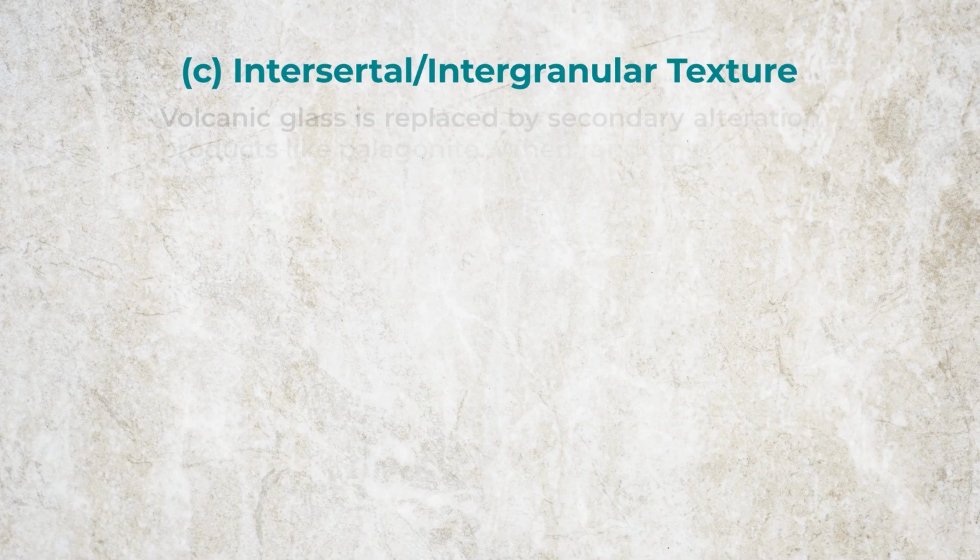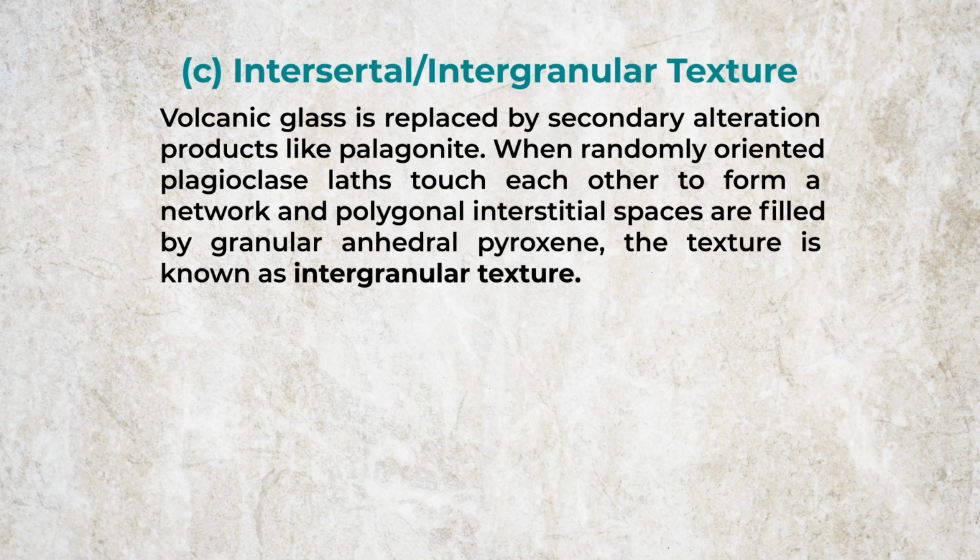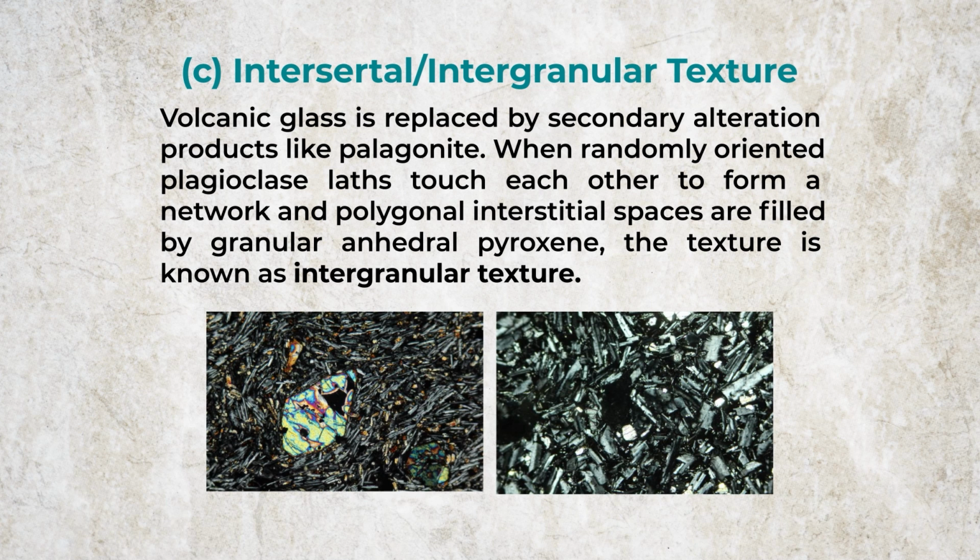And third one is intersertal or intergranular texture. In case of intersertal or intergranular texture, volcanic glass is replaced by secondary alteration product like palagonite.